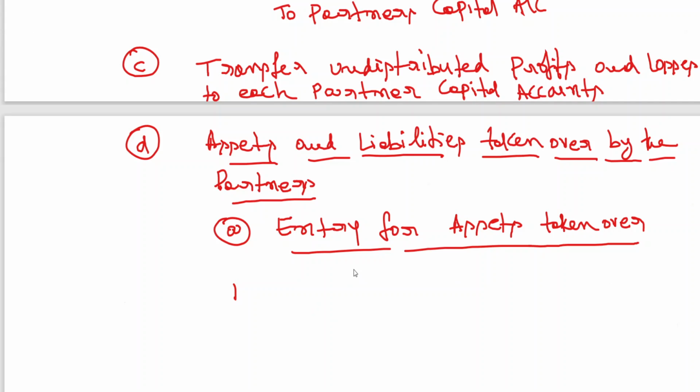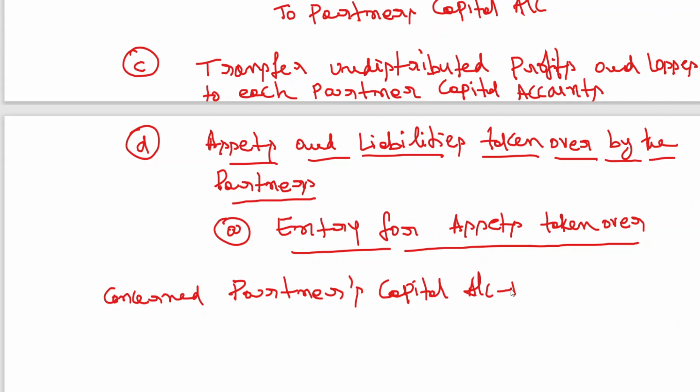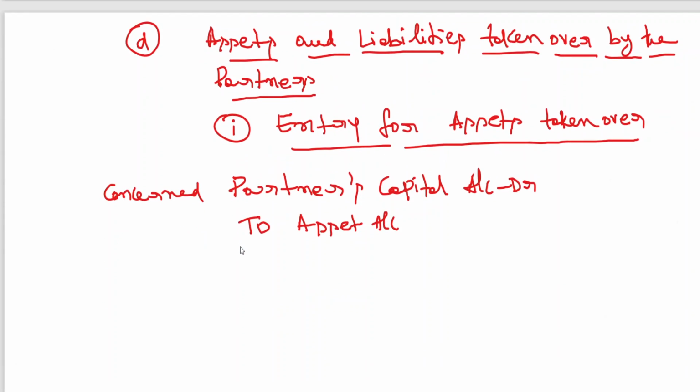Entry for assets taken over. Here who is the receiver? Partner. So the concerned partner's capital account debit to asset account. Entry for assets taken over: concerned partner's capital account debit to asset account.